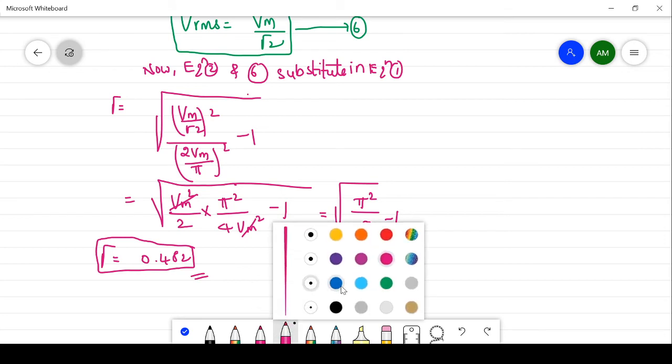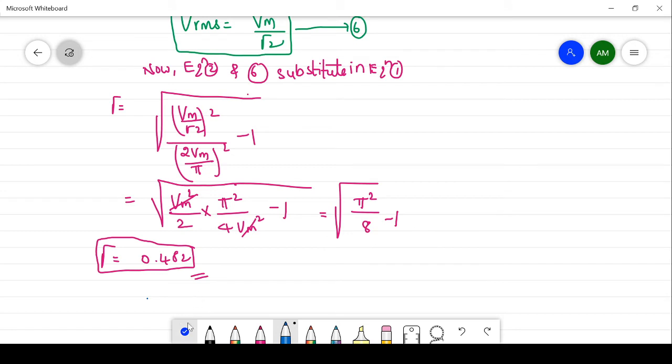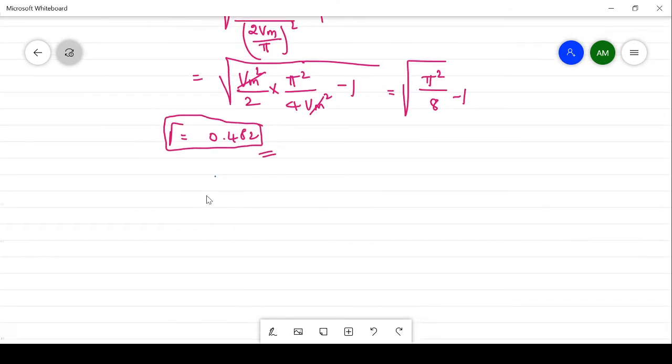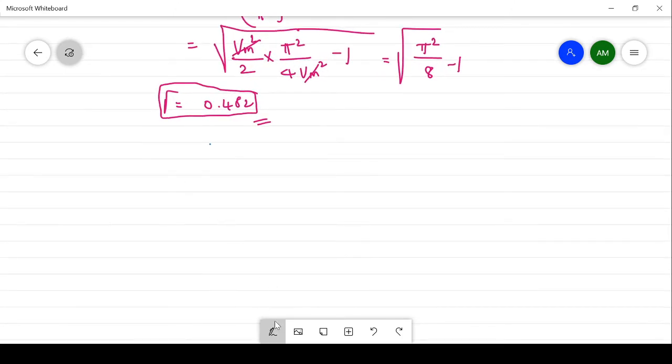Okay, now I would like to explain about efficiency. So what is meant by efficiency? Efficiency is nothing but the ratio of DC power to the AC power.